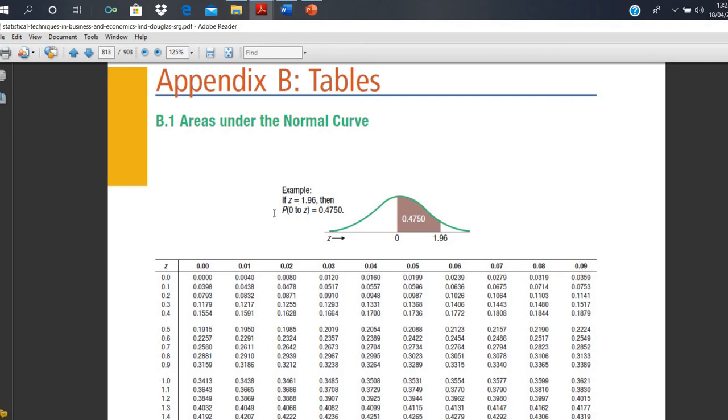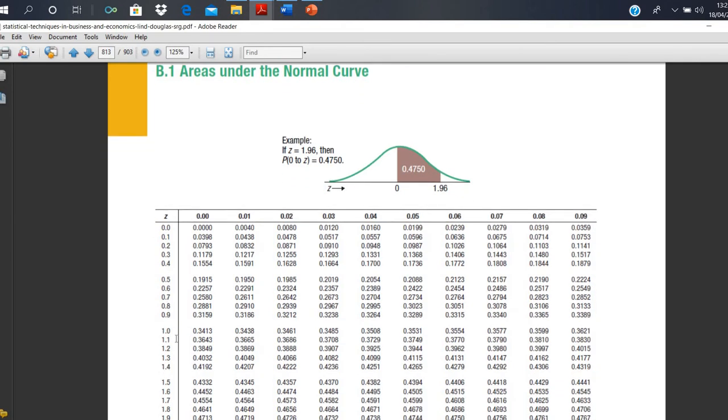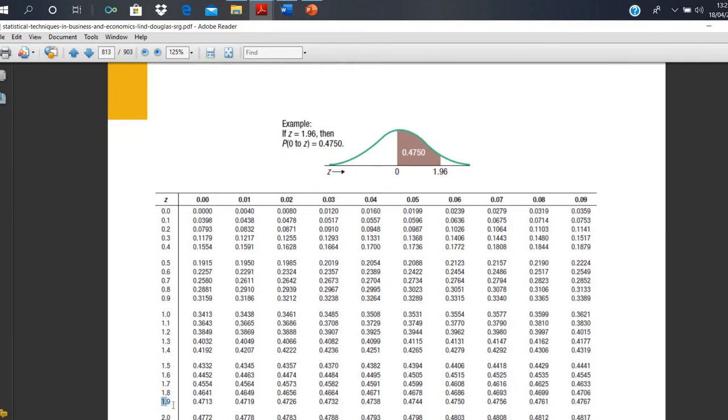Now, for instance, if you have a Z value equal to 1.96, how can you find the probability associated to it? You go here, you see Z, and you go down to 1.9, then come to 0.06 at the intersection of these two. 1.9 plus 0.06 gives 1.96.